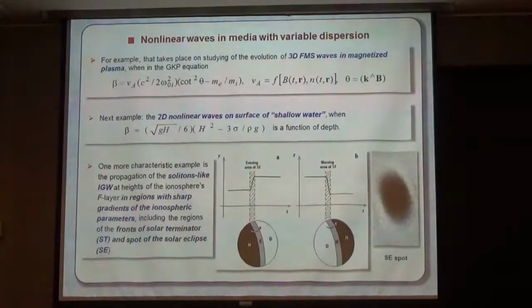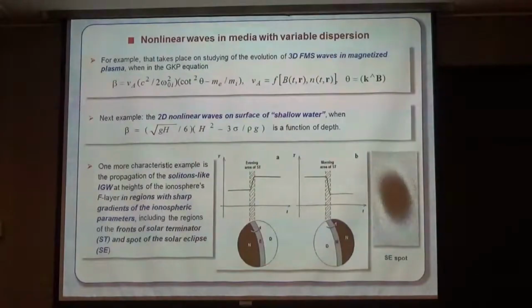Next example is the nonlinear waves in media with variable dispersion. For example, that takes place on starting of the evolution of three-dimensional FMS waves in magnetized plasma, when in the GKP equation the dispersion coefficient is a function of magnetic field, electron density, and angle between wave vector and magnetic field.